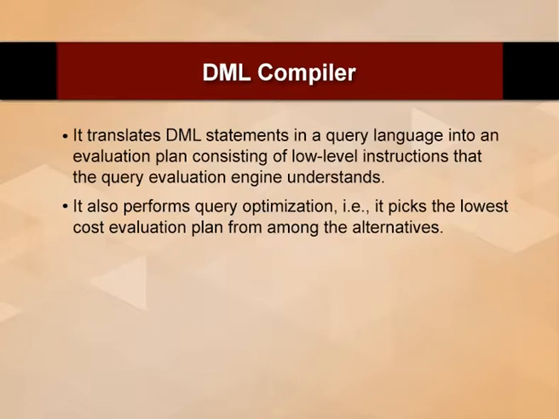It also performs query optimization. It picks the lowest cost evaluation plan from among the alternatives existing. So, these 2 functionalities are done by the DML compiler. One, it acts as an interface and converts the DML statement into low level instructions, and then it performs the query optimization too.